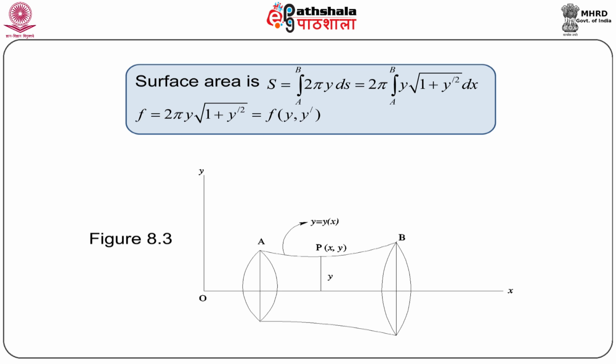Y dash means d by dx of y. Therefore, here the functional f becomes 2 pi into y into root over 1 plus y dash square, which is a function of y and y dash. Now, we have to optimize it.